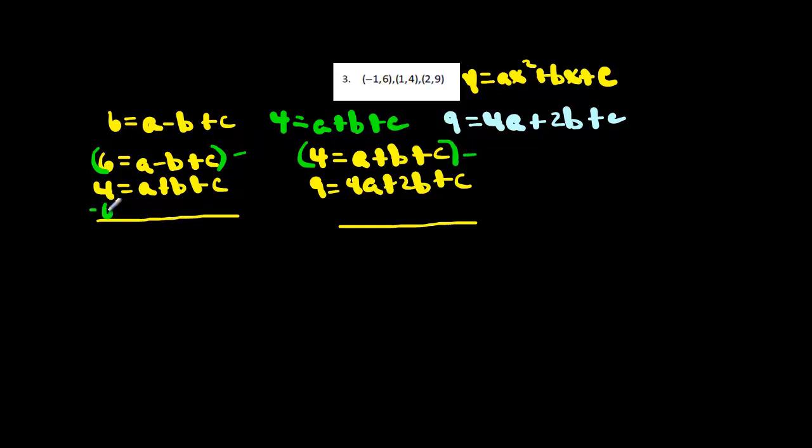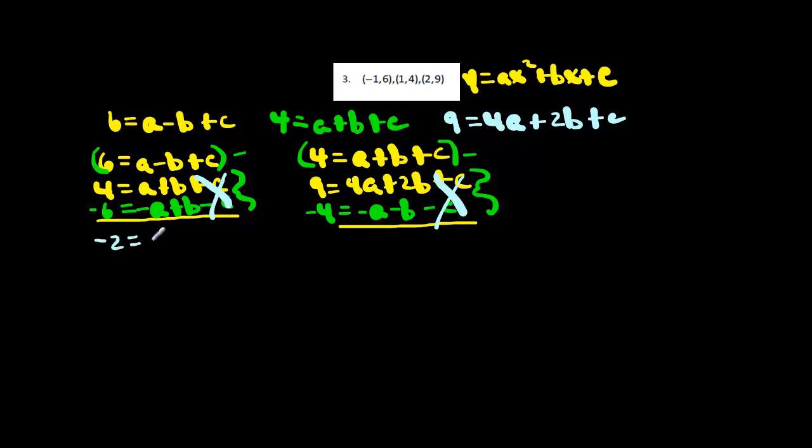So we'll have negative 6 equals negative a plus b minus c. That's my new set. Negative 4 equals negative a minus b minus c. That's my new set here. Add down, the c's cancel on both of them. I'm going to get negative 2 equals, a cancels, we get 2b here.